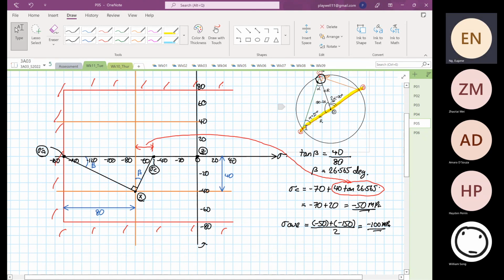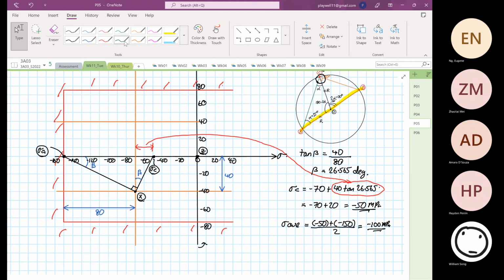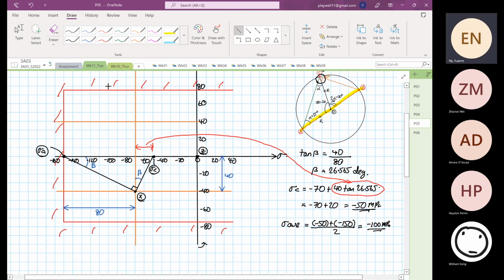I'm going to draw a green line. This corresponds to our stress average. This is our point O. And then from point X, I go to point O. It's our point Y. So this is our point Y.